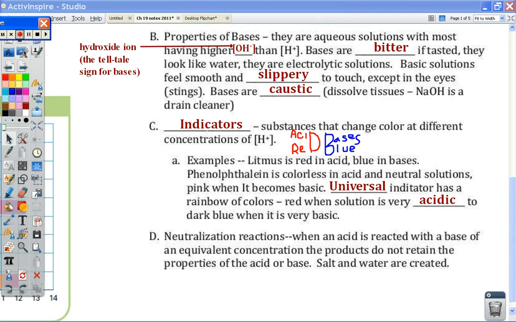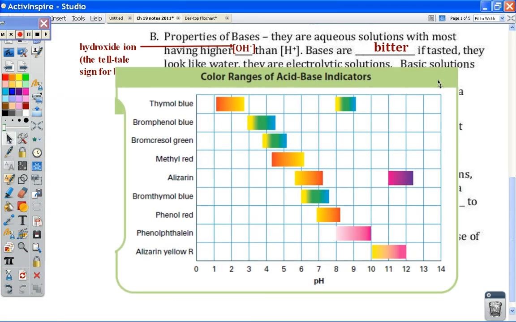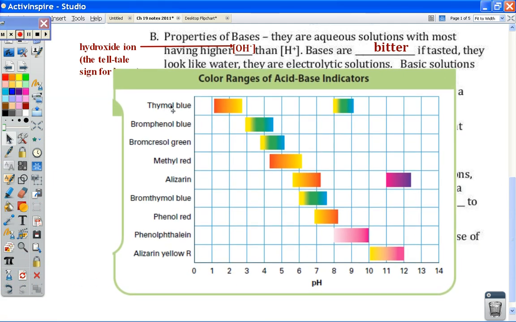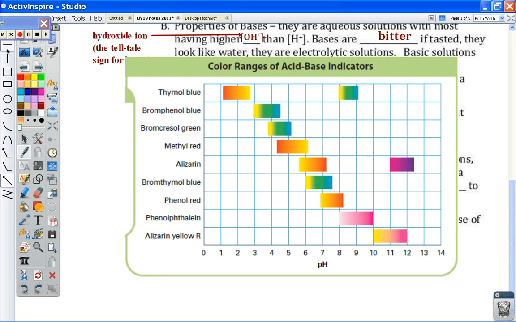Here's an example of some of the colors and some of the other indicators that are out there. The primary ones that you guys are going to see are phenolphthalein, and you'll see methyl red when you move on.